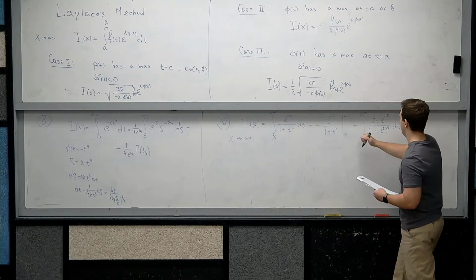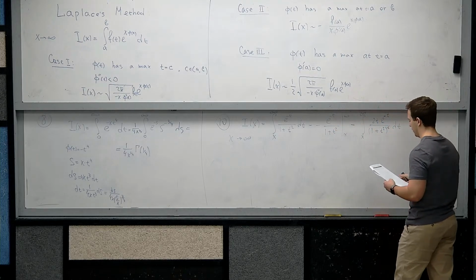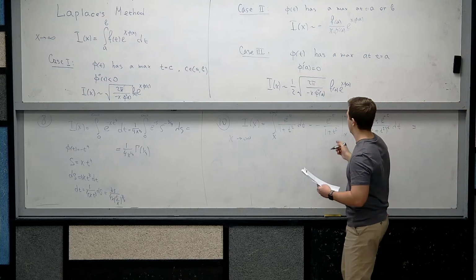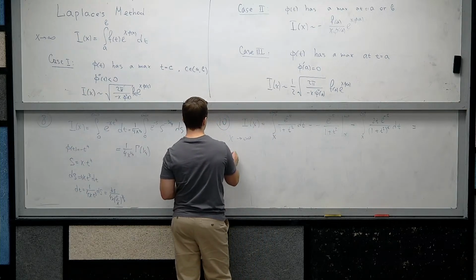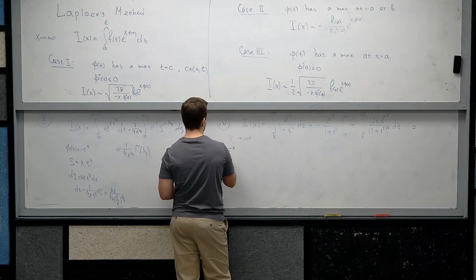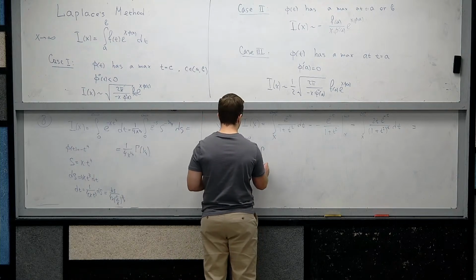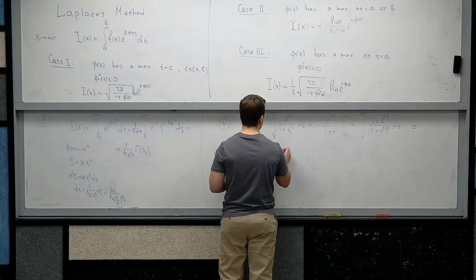I think the minus sign, so 3 minuses will give us minus here. Then we plug in the boundaries. We'll have e to the minus x divided by 1 plus x squared minus the integral from x to infinity of 2t e to the minus t over 1 plus t squared, all squared, dt.